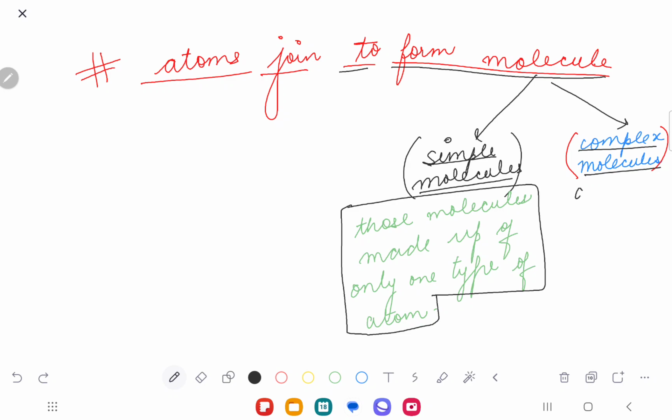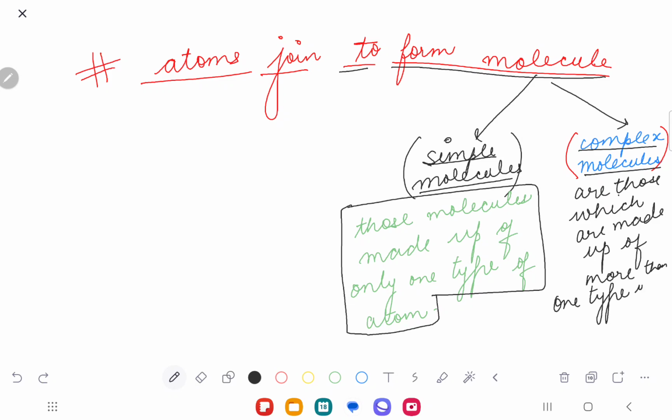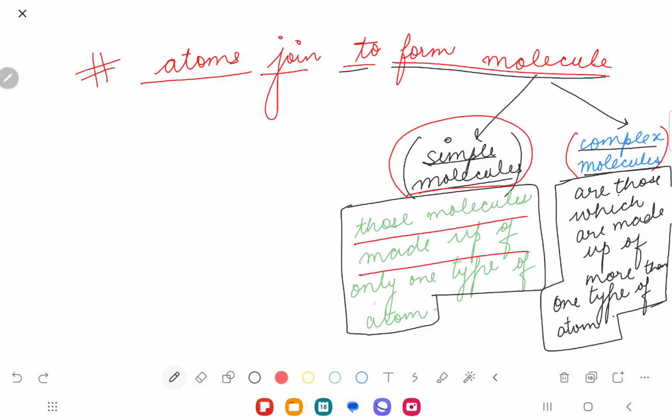And complex molecules are those which are made up of more than one type of atom. Are you understanding? Understood or not?